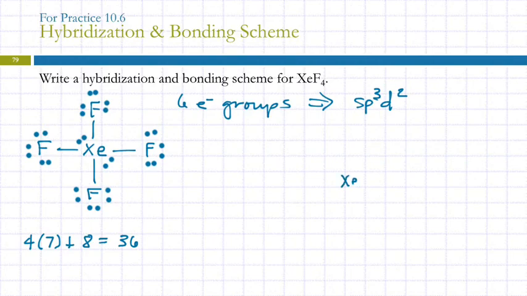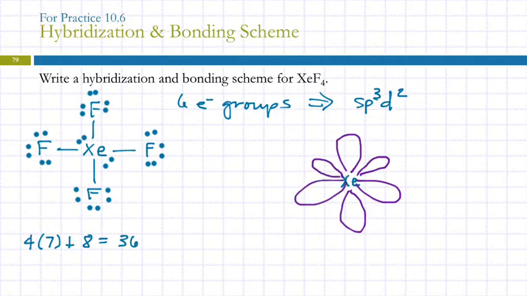So here's our xenon. And I'm going to use purple for these hybrid orbitals. The 6 groups get away from each other like those 6 balloons, and they're going to make an octahedron. So we've got 1 going up and 1 going down, and then we've got 4 around the middle. So this one is going kind of behind, this one's sort of coming in front, that one's sort of behind, and this one's sort of in front.